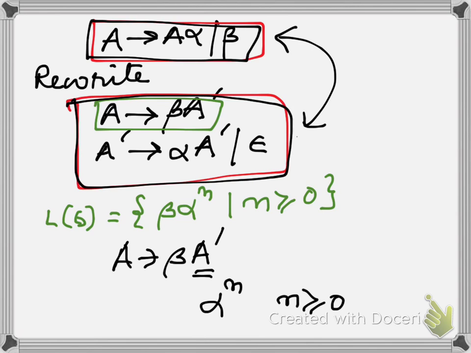But here you can see that there is no left recursion. There is right recursion, but as I mentioned, we do not have any problem with right recursion. So in this manner, we can remove left recursion from our productions.